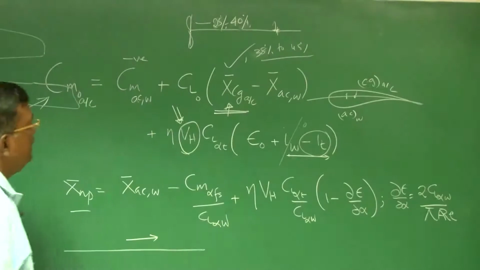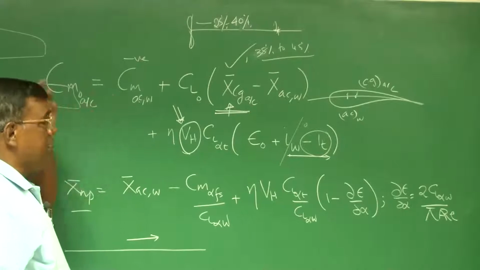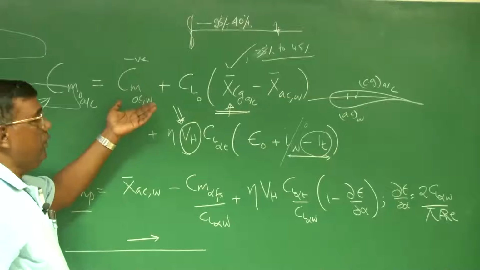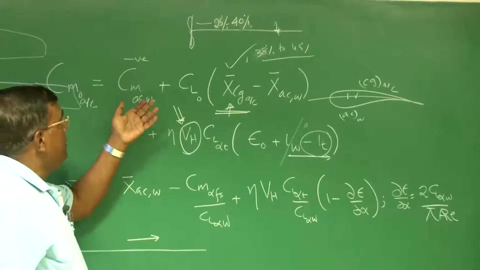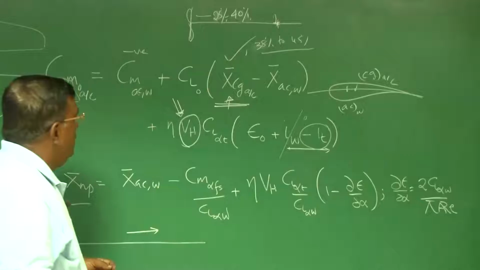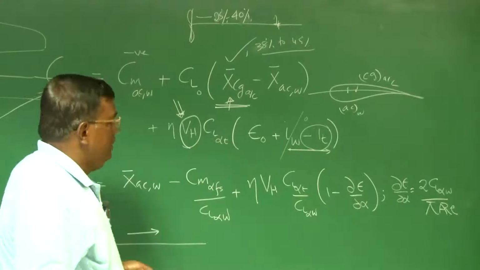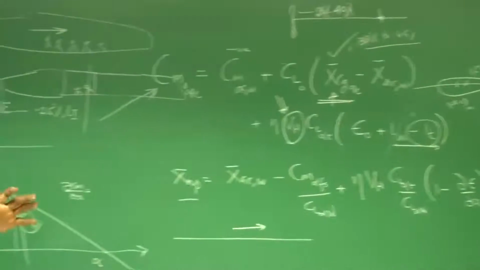Now I was discussing how many things we have at hand during the conceptual stage. Since we have decided the aerofoil roughly, you know this value, you know XAC of the wing, and also CL alpha tail, that is, you select some symmetric aerofoil.